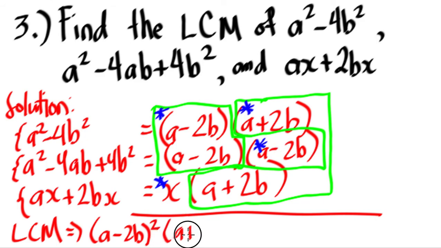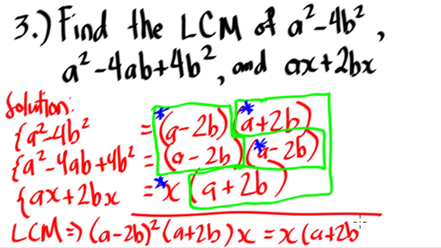We have a plus 2b. We're going to write it once, and we have x. Yeah, and then pretty much that's the answer. If you want to rearrange it in whatever form you want, maybe you want to put the x first, and then a plus 2b, and then a minus 2b quantity squared. So it's pretty much the same by commutativity. In multiplication, they're still the same.